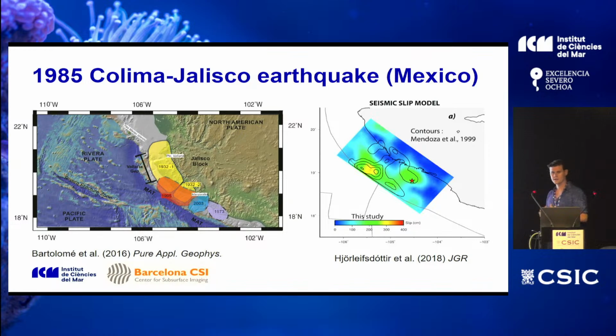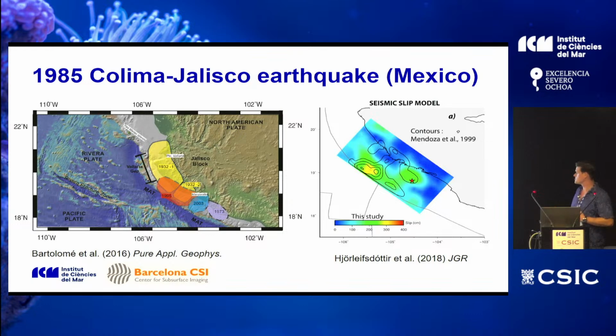So this would be more or less like a tsunami earthquake, with the difference that it nucleated much deeper. Many authors discuss the dynamics of this earthquake as a tsunami earthquake, but it has never been classified as such because of the deeper nucleation.